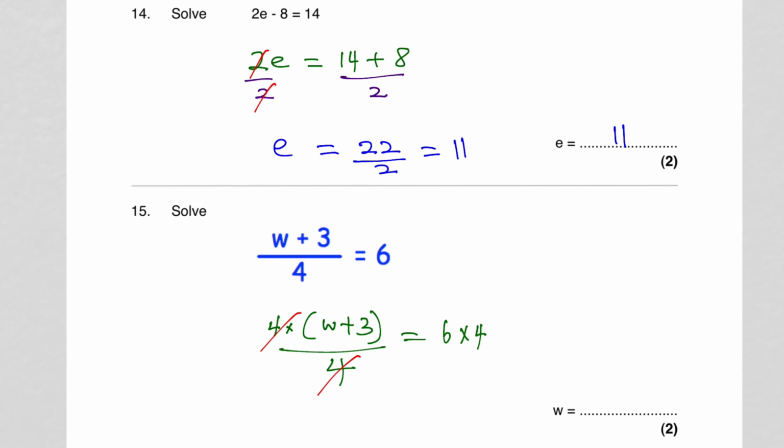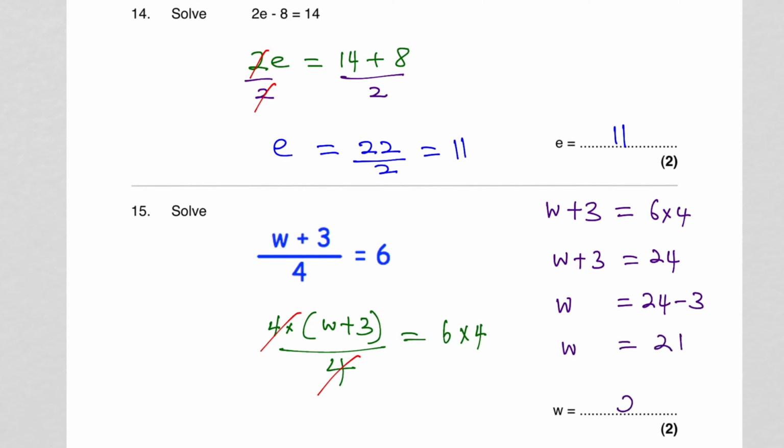And that will leave me with w plus 3 equals 6 times 4. So w plus 3 equals 24. W will become 24 minus 3, and w equals 21. So that is 21.